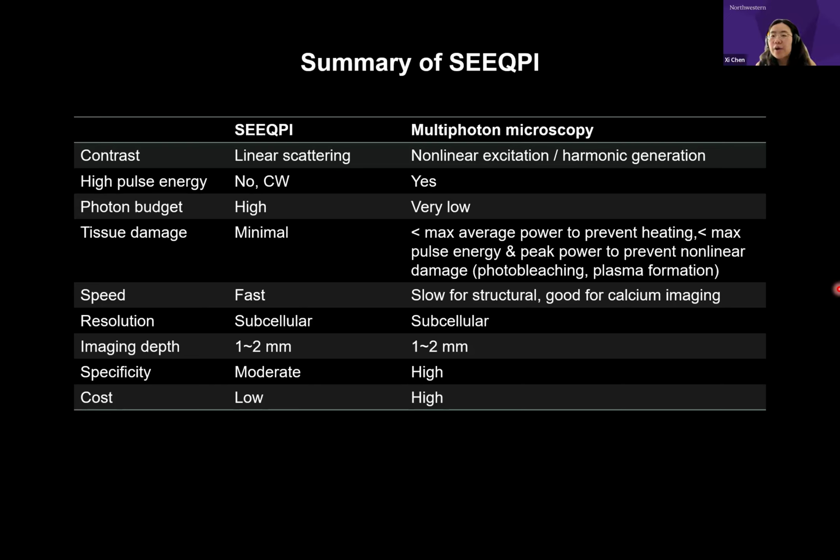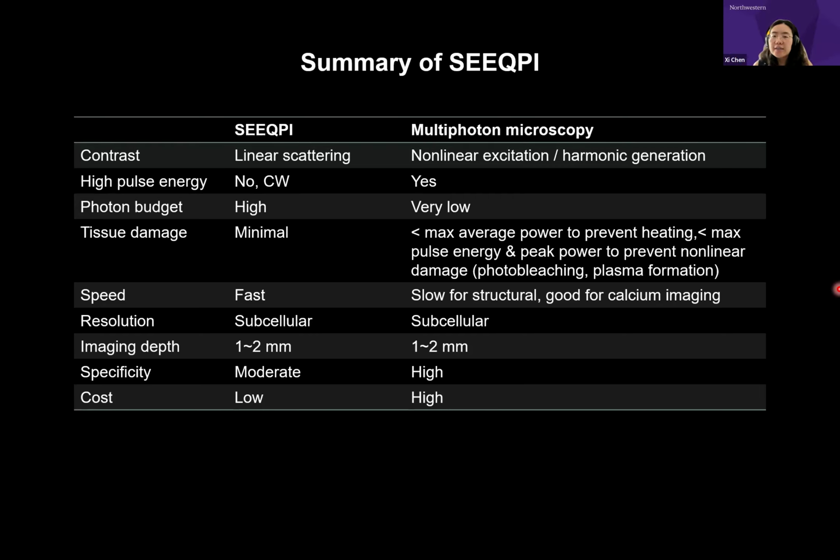When I say very high pulse energy, it's usually about 1 nanojoule for the 3-photon case. And we also want to keep the maximum pulse energy and the peak power within the safety level to prevent nonlinear damage. And because in CQPI we have a bunch of photons, we can image very fast.